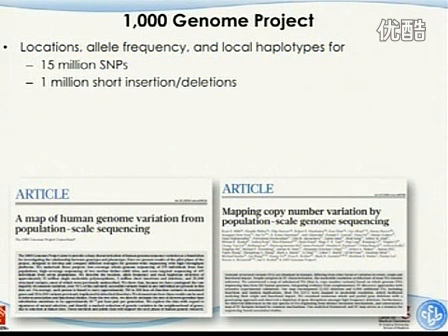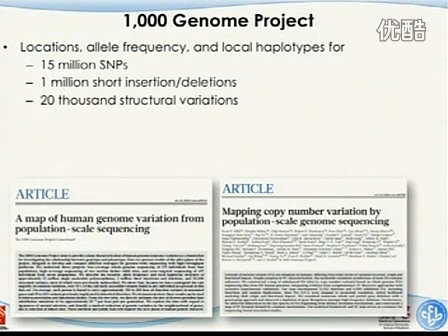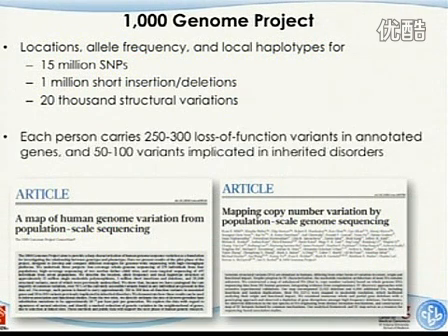I'm talking about healthy individuals here, no disease. And 20,000 structural variations in some of the individuals. Each person carries fewer than 300 loss of function variations in annotated genes, and 50 to 100 variants implicated in inherited disorders, although those are healthy individuals.